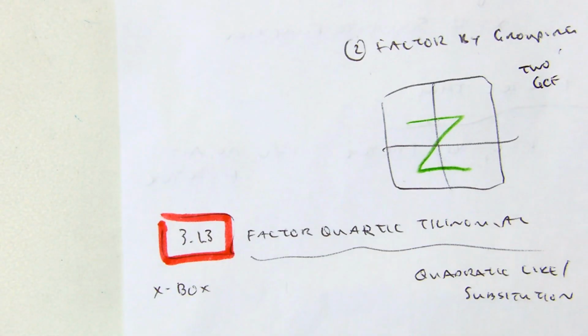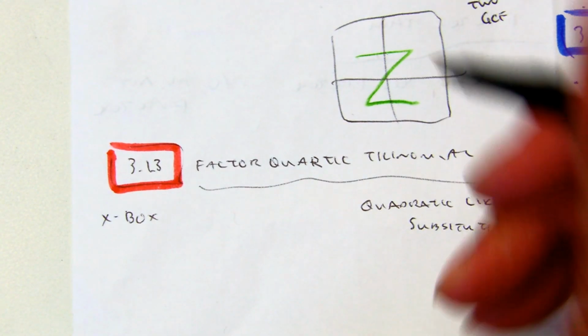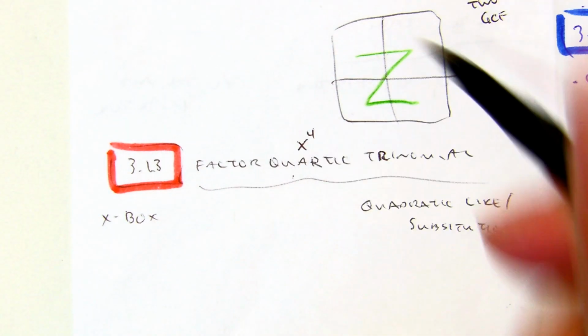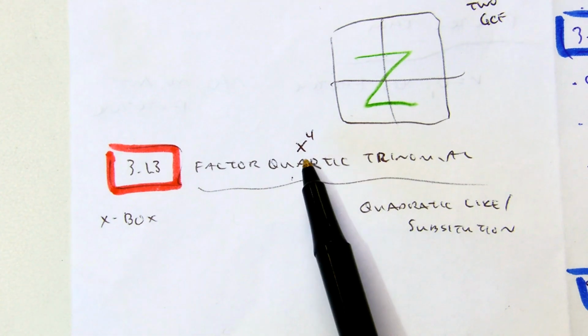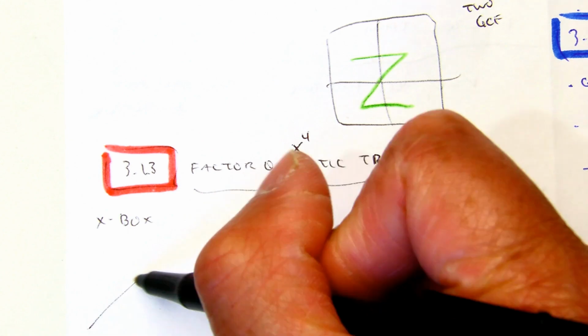Alright. In 3.13, you were factoring quartic. That one says trinomials. Quartic is to the 4th power. You'll notice on my formula sheet here I don't have numbers, so you could use Xbox.